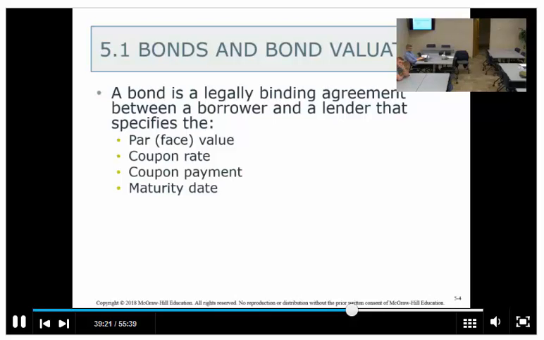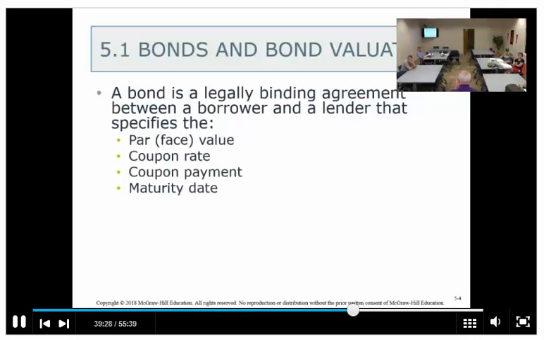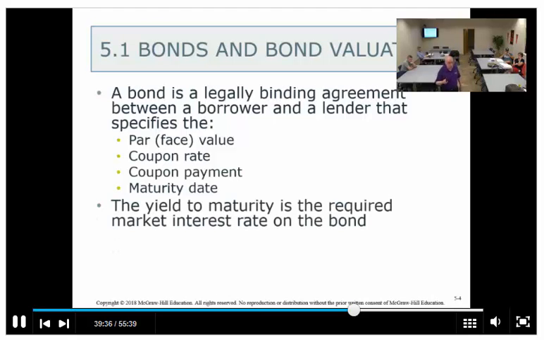All right, and then, like I said, bonds are issued for a certain period of time, and when that period of time arrives, you get your money back. Now, the yield to maturity, which is what you have to calculate for the various bonds or debt that you have outstanding, is the required market interest rate on the bond.